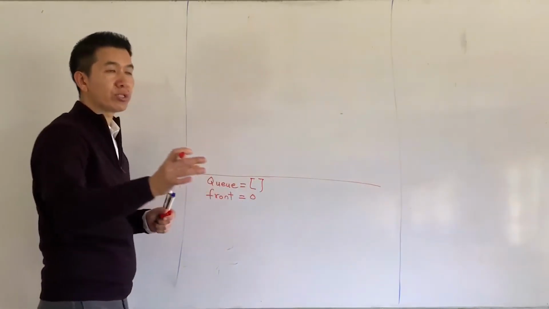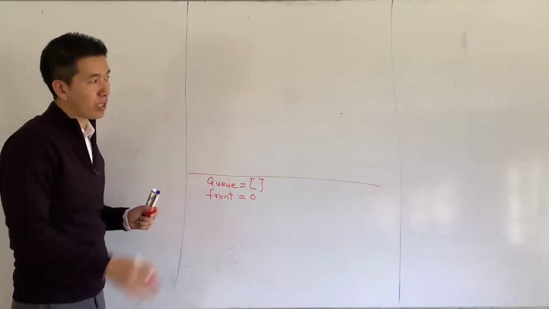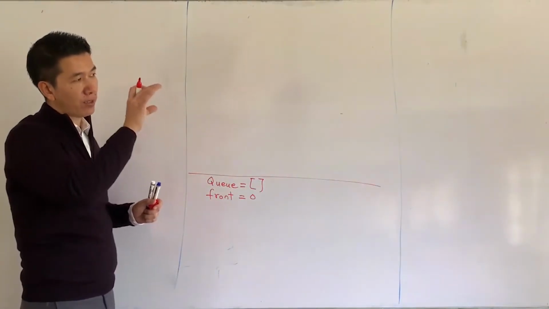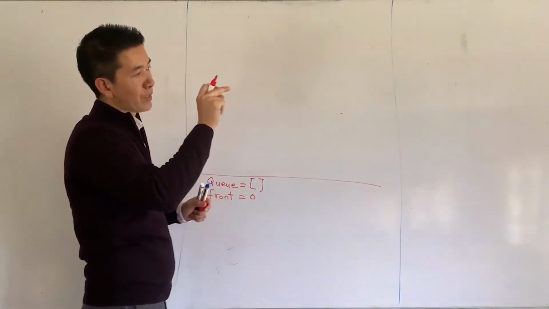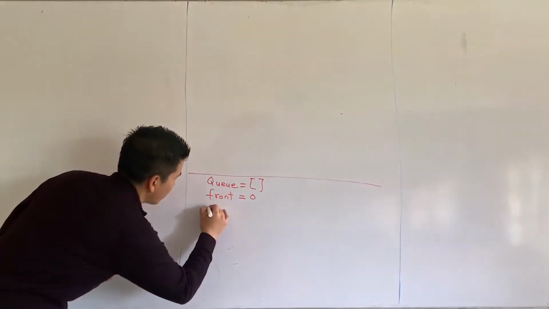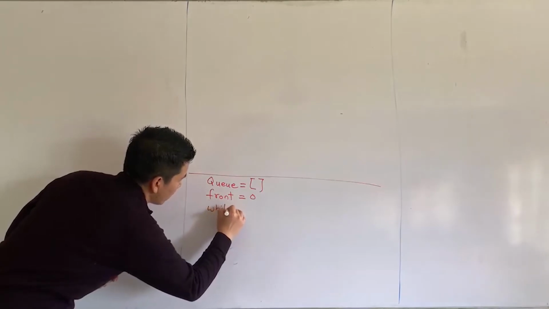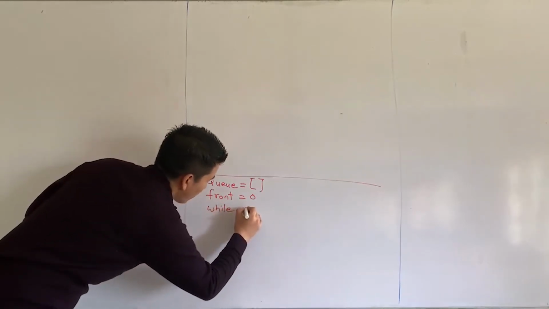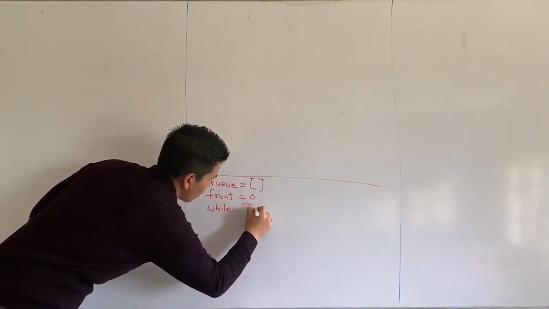Then we'll use another variable called rear to keep track of the slot at which the new element will be inserted. So I'll have the while, while true.